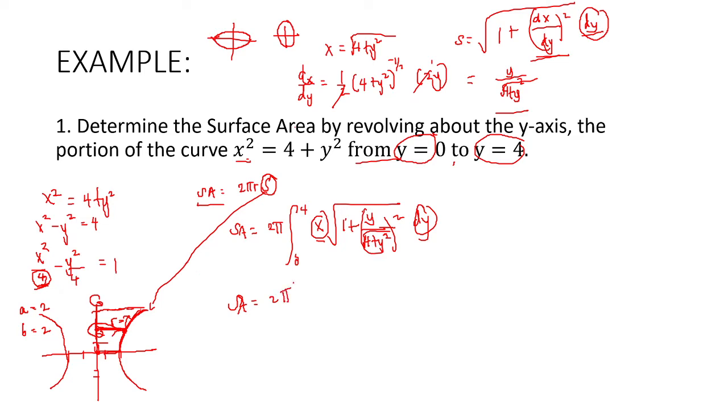2 pi from 0 to 4. Oh, sorry. From 0 to 4. So this should be equal to the square root, x is the square root of 4 plus y squared, multiplied by the square root of 1 plus y over 1 plus 4 plus y squared square root dy.